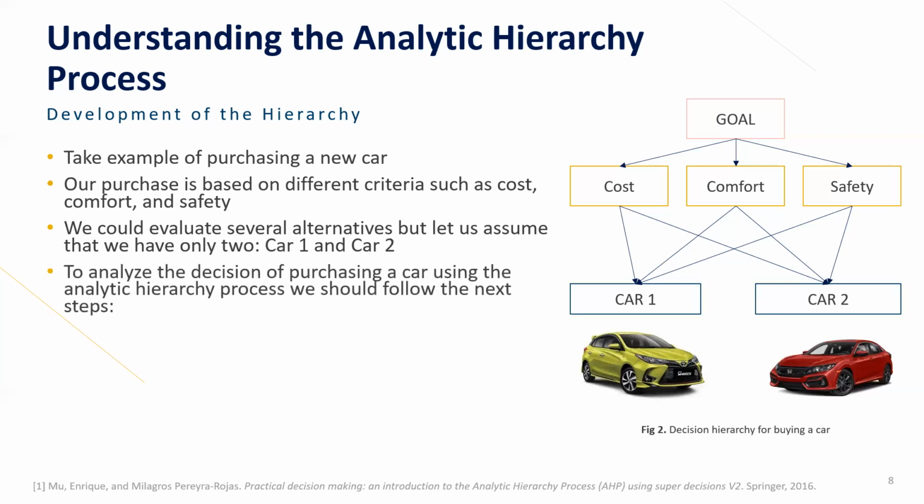To analyze the decision of purchasing a car using AHP, there are at least 6 steps that we will learn today. The first step, already discussed in this slide, is to develop a model consisting of the hierarchy structure of goal, criteria, and alternative.